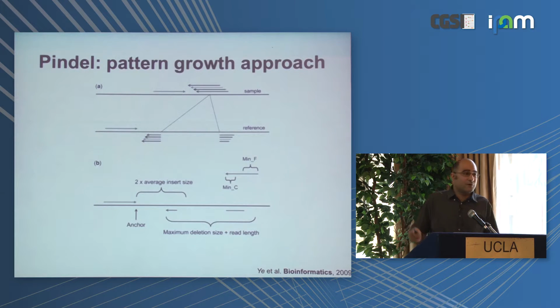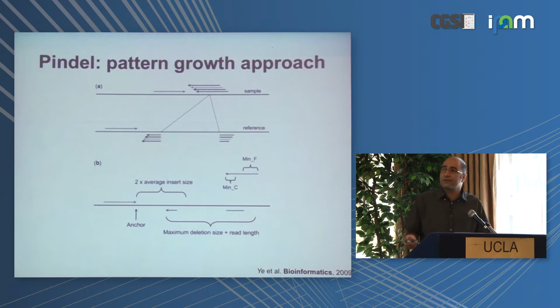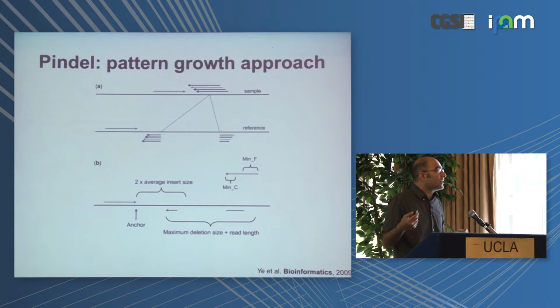Pindel, as I said, was the first method that introduced using split read signature for calling structural variation, and it works as follows. Because breaking the reads can be quite expensive, the trick that they use is that first they only consider reads where, because we have paired-end information, one end has mapped perfectly and the other end has not mapped.